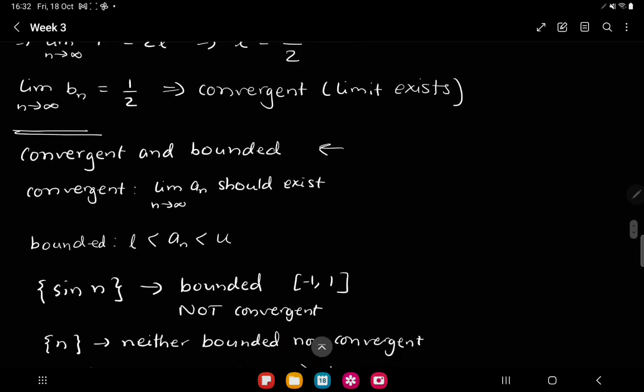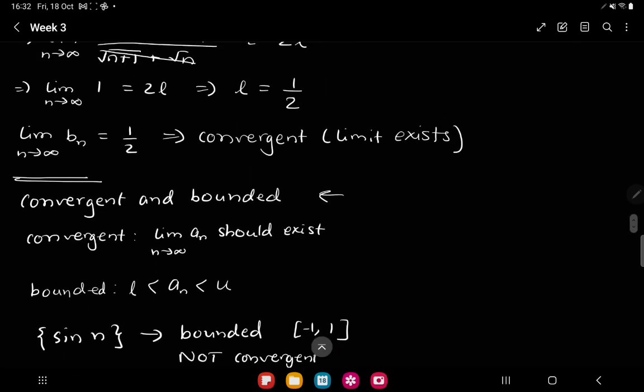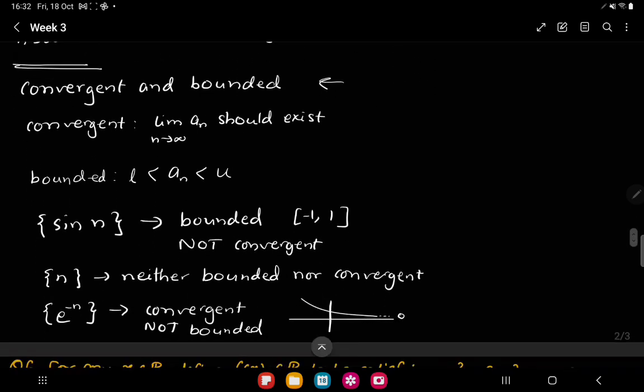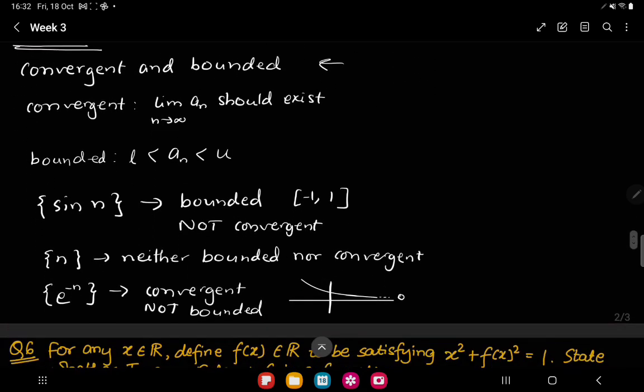So here the definition of convergent and bounded is given. If there is a sequence and as you go further and further in the sequence the limit converges, then it is a convergent sequence. And the sequence is bounded if it has lower and upper bounds, like each of the elements of the sequence is within a particular interval.